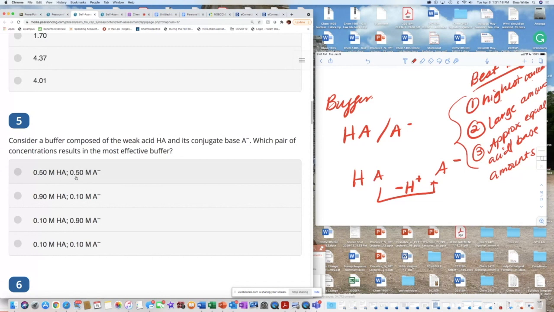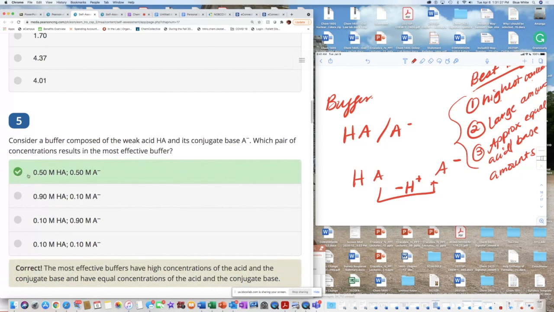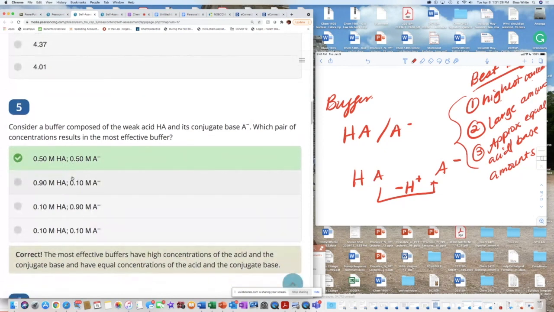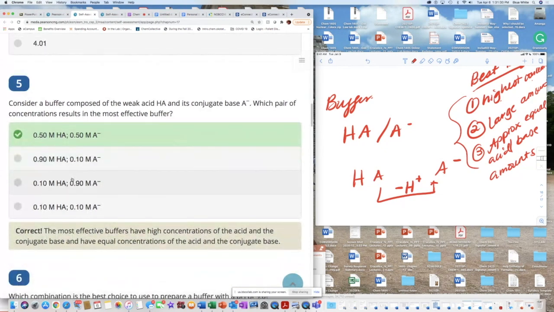What do y'all think we should pick? 50-50. Let's try that one. Okay, I mean, we're kind of gambling here, but they prefer it if you have even defense, right? This solution here, if the threat coming in is a base, it's ready.